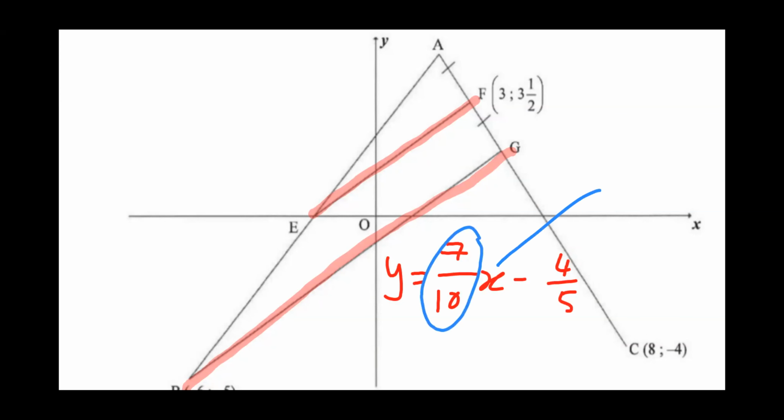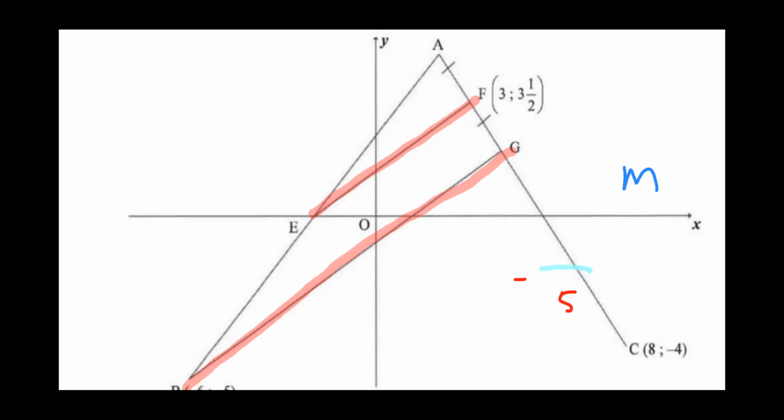Now that's great. If I can now just prove that the gradient of line EF is also 7 over 10, then I know that they are parallel.